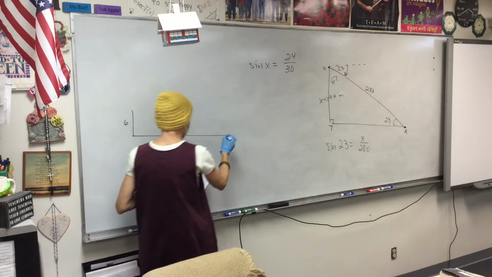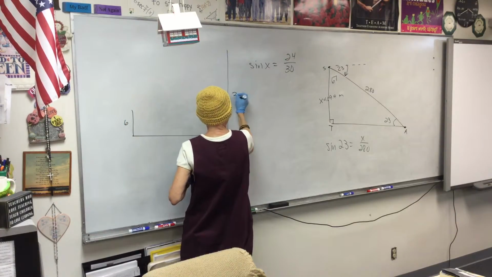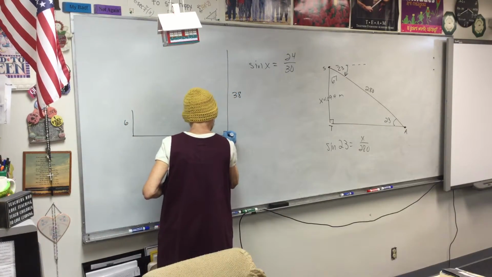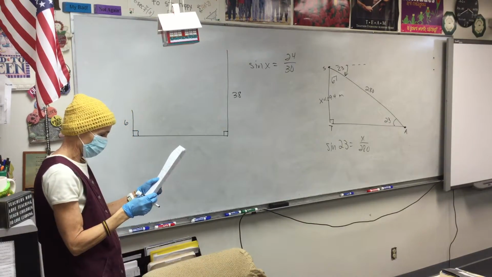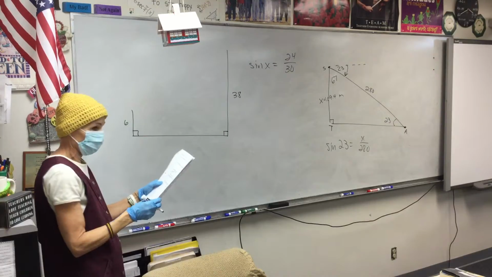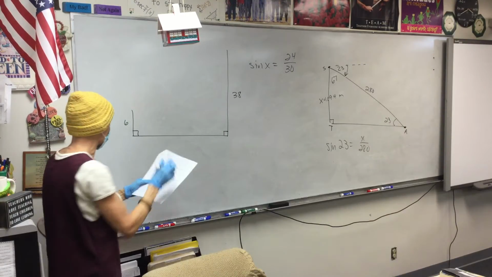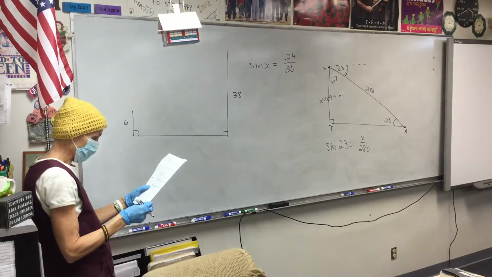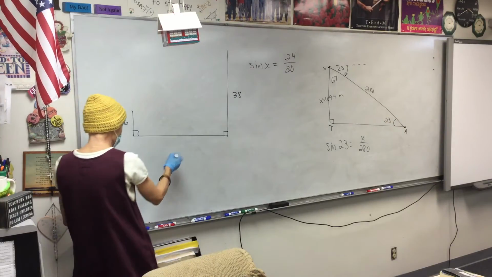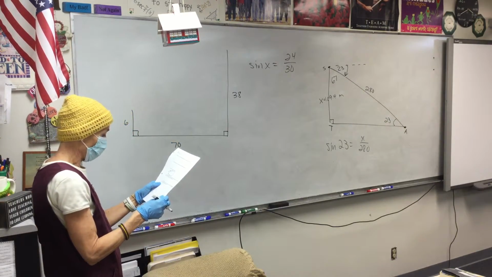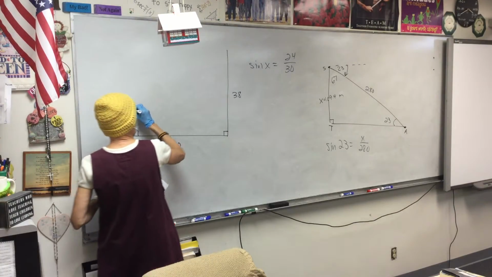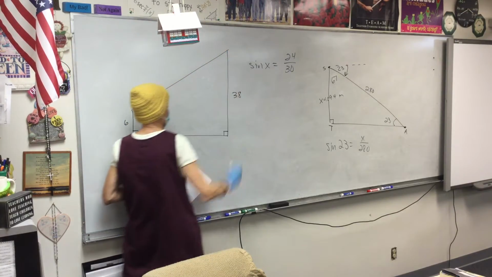And he's looking at a tower, 38 feet tall. So far, so good? Man looking at tower. If the man is 70 feet from the tower, what is his angle of elevation to the top of the tower?